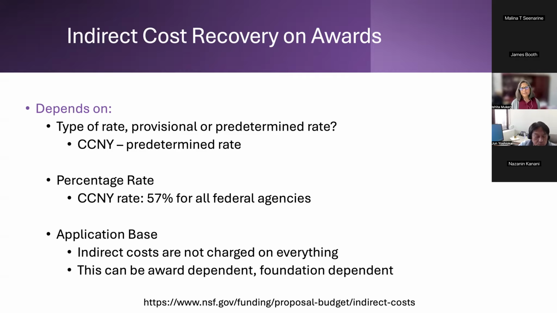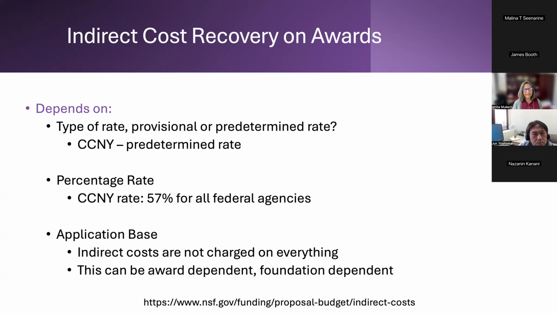So most recently, our federal rate was negotiated with the Department of Health and Human Services. And what is negotiated is actually a percentage rate. So for CCNY, that percentage rate is 57% for all federal agencies.